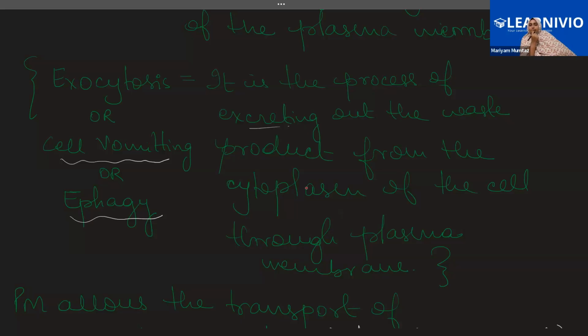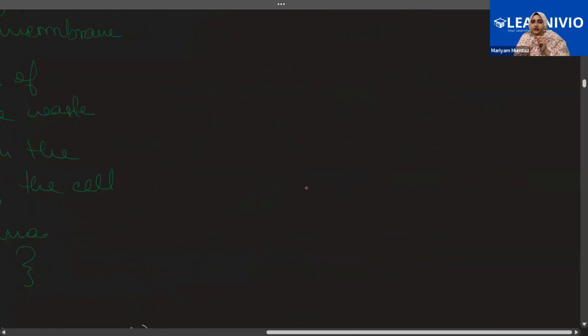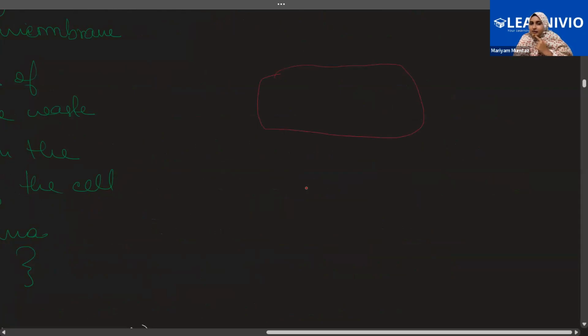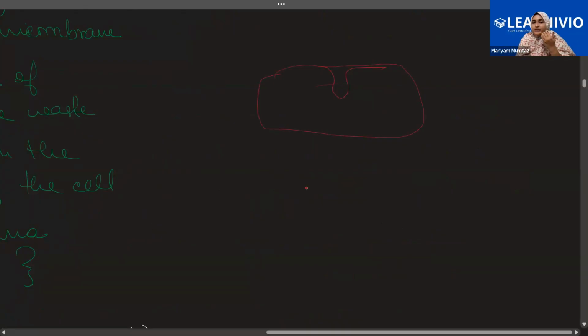I'll explain. For endocytosis, for example, this is a plasma membrane surrounding the cell. Whenever the cell needs a molecule to come inside, the plasma membrane will start deepening from both sides like this, and then it will pinch off and form a vacuole.